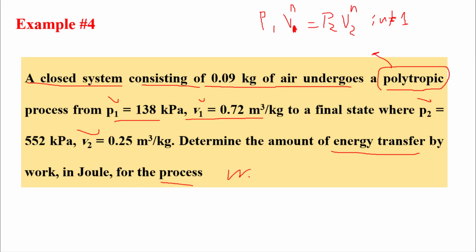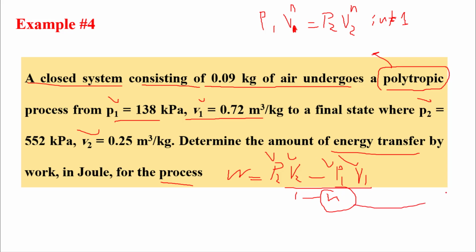Once we have a polytropic process, the work equals P2V2 minus P1V1 divided by 1 minus n. Now everything is given, except this value n. From where can we get it? We can get it from the polytropic relation. We know everything except n.